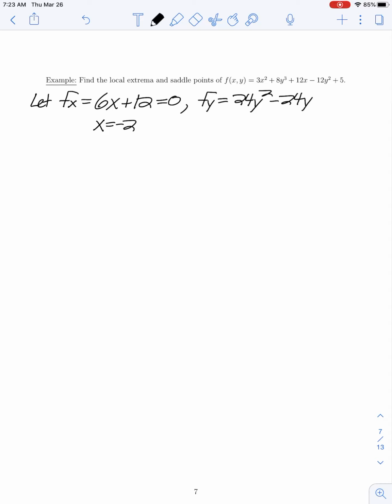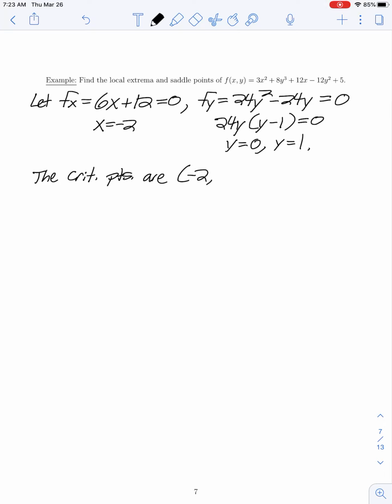And the partial of f with respect to y is 24y squared minus 24y, which we set equal to 0. And to solve, I can factor out a 24y. We're left with y minus 1 is 0. So two choices, y is 0 or y is 1. So here we find the critical points are the points (negative 2, 0) and (negative 2, 1).